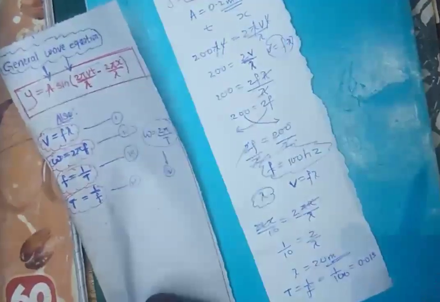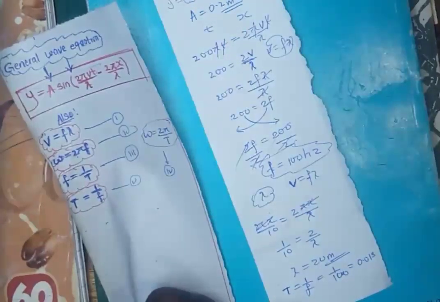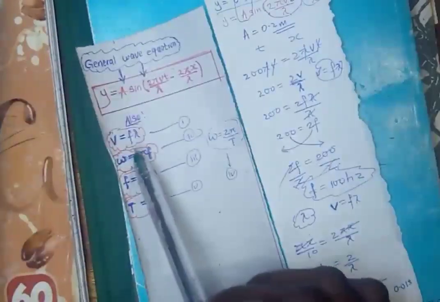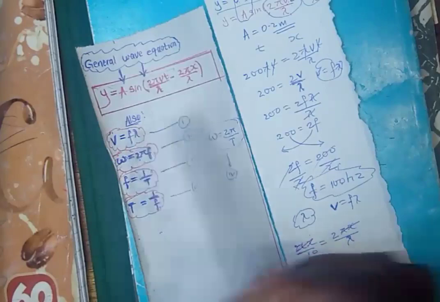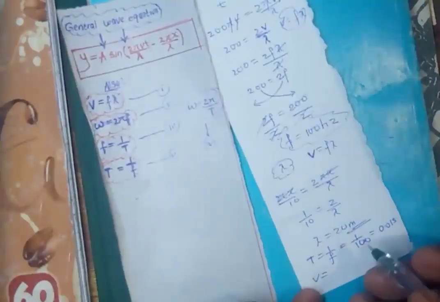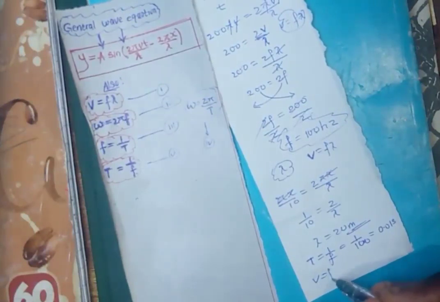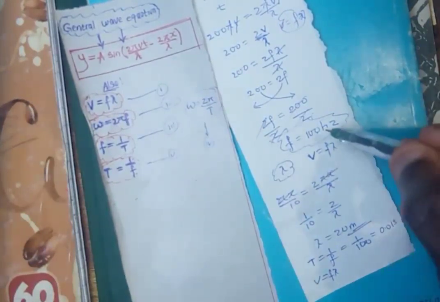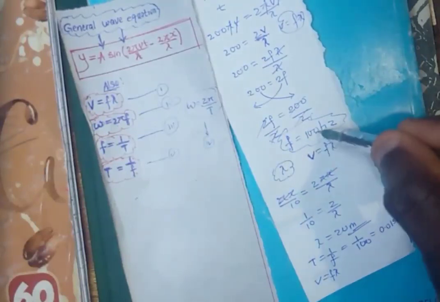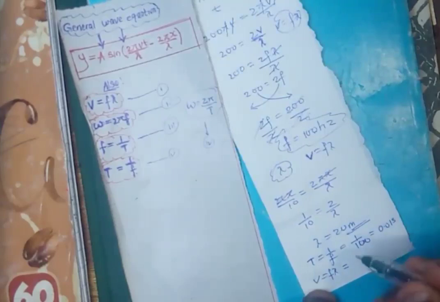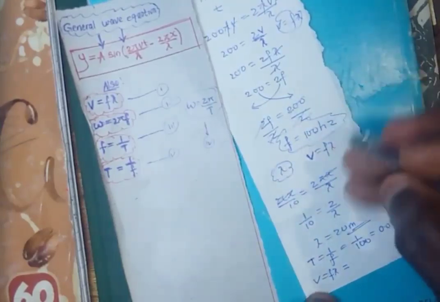Now to the wave speed, which, don't forget, is given by frequency times lambda. Since we have determined our frequency to be 100 and our lambda to be 20, we just perform the multiplication.